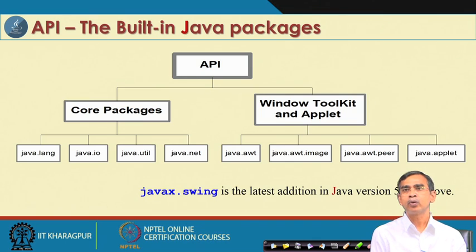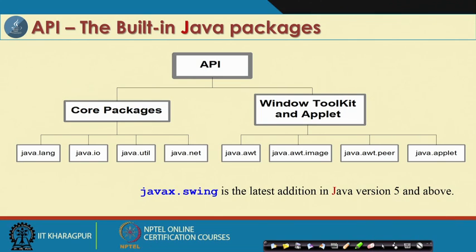So, these are the total 9 packages I should say available to the Java programmer. Here one package is also missed, called java.sql, for Java database connectivity. Anyway, so many packages are bundled in the API and available freely whenever you install the JDK.